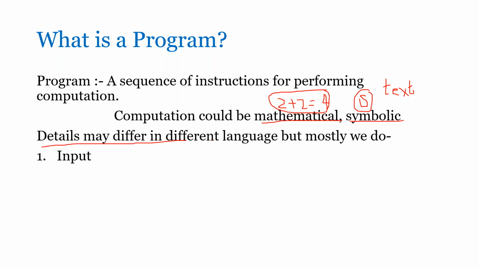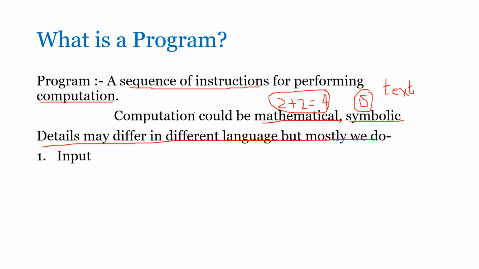Details could differ in different languages. What I'm saying is that in programming, you only do computation with a sequence of instructions. But there are four or five things that are all you do in programming. Believe me, these are the only things you do in any language. Maybe the syntax could be a little different, but these are the only things you do.